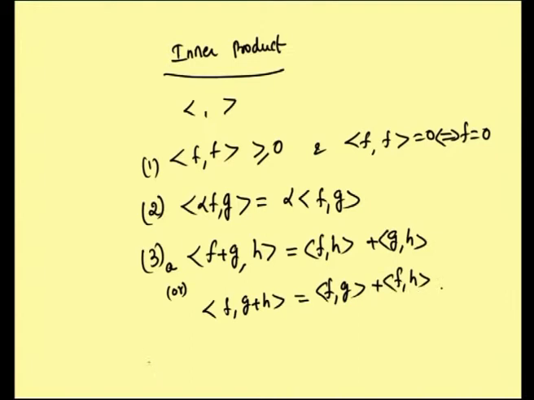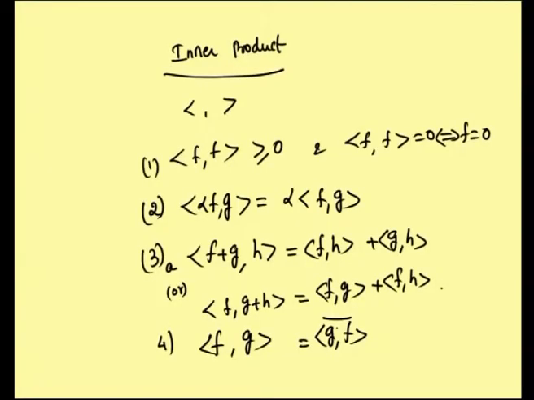Okay. And then fourth is symmetric property, f comma g is equal to g comma f, symmetricity, that is f comma g is equal to g comma f bar, conjugate. And if any function f satisfies these four conditions, and if it belongs to the particular set C of a, b, then we say that C of a, b is an inner product space.